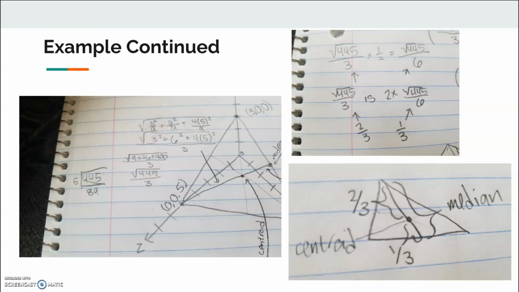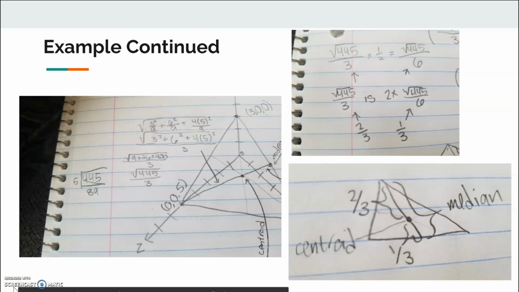Then you can simplify that to the square root of 3 squared plus 6 squared plus 4 times 5 squared, over 3. Simplifying further, you get the square root of 9 plus 36 plus 400 over 3. Then again, simplifying, you get the square root of 445 over 3. And 445, you cannot simplify any further from that.